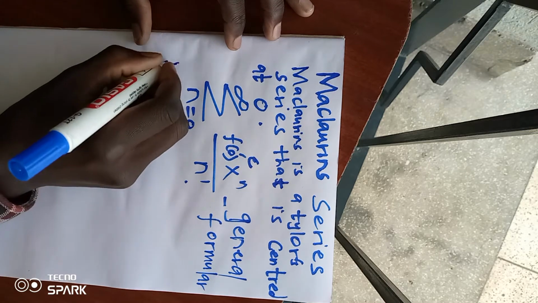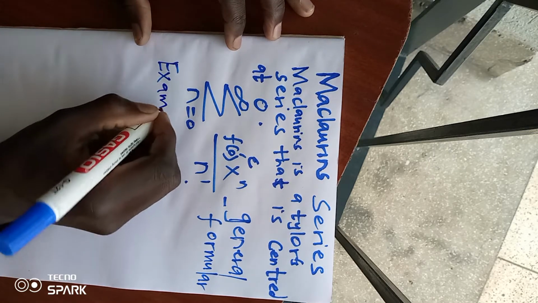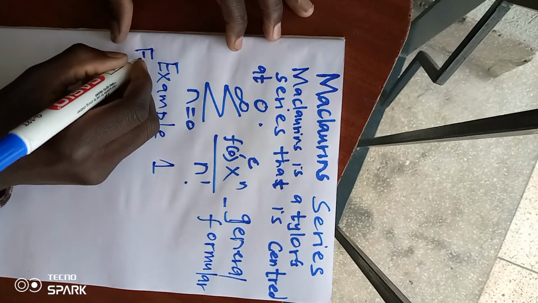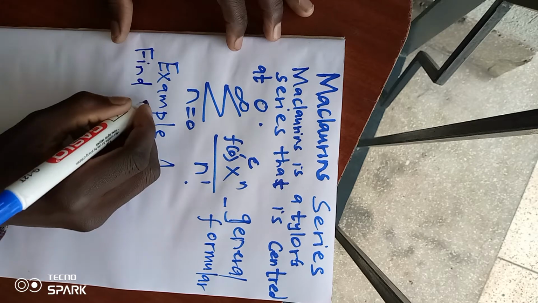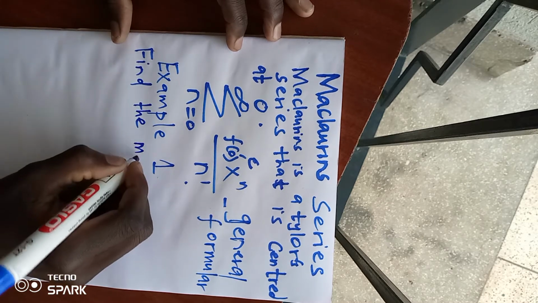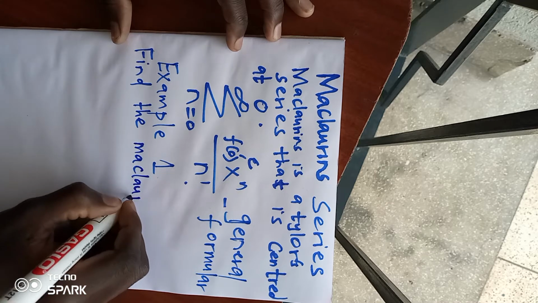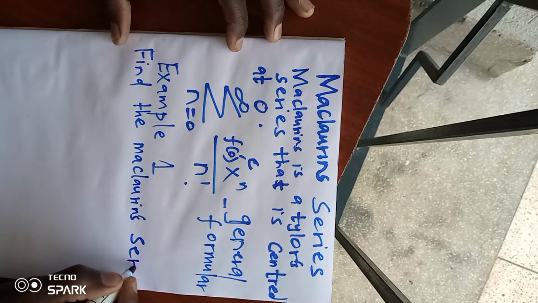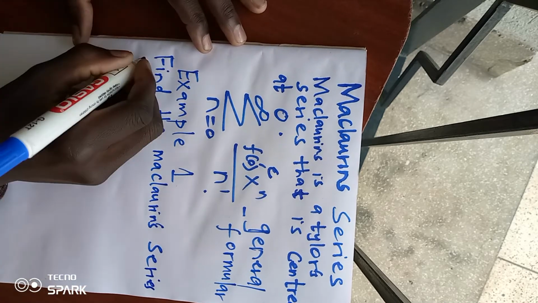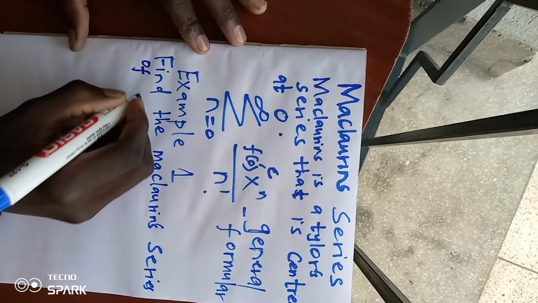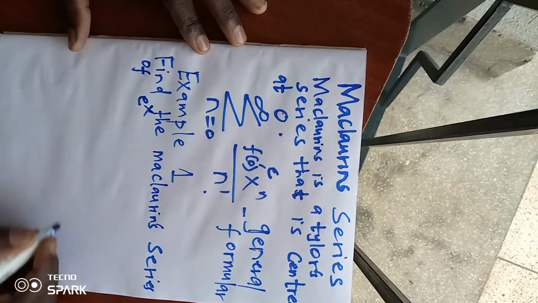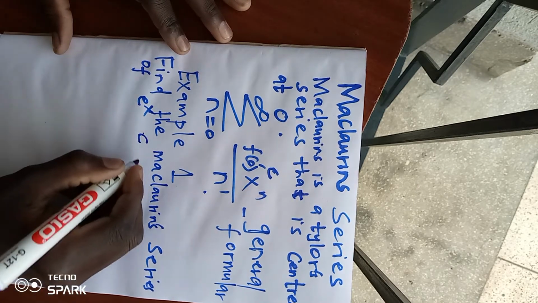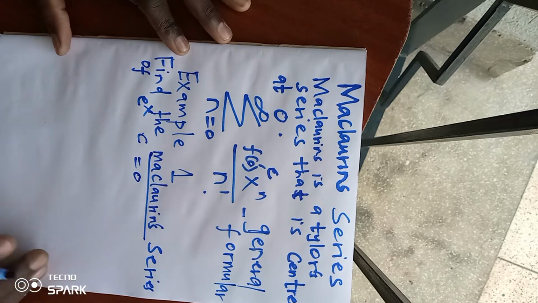Example one: find the Maclaurin series of e exponential. Obviously the center is at zero since this is a Maclaurin series.